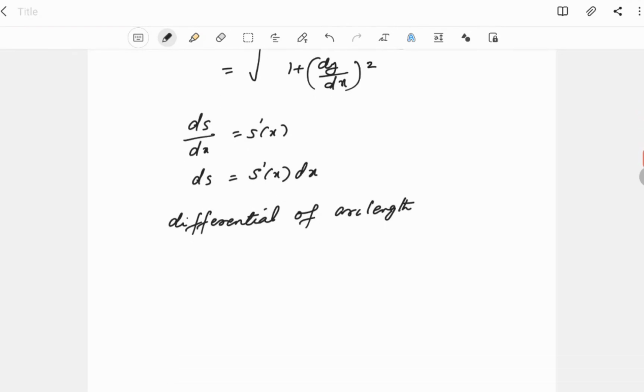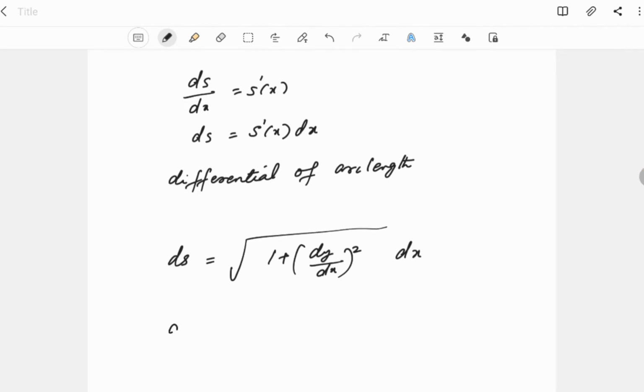So we have ds equal to the square root of 1 plus dy by dx the whole square times dx, or it can be written as ds the whole square is equal to dx the whole square plus dy the whole square.